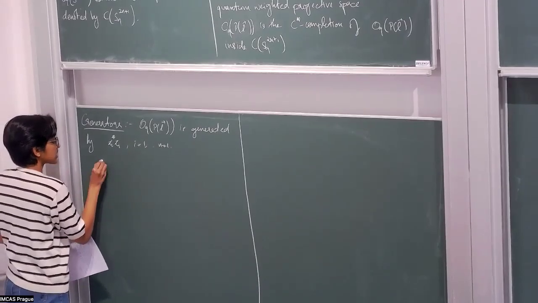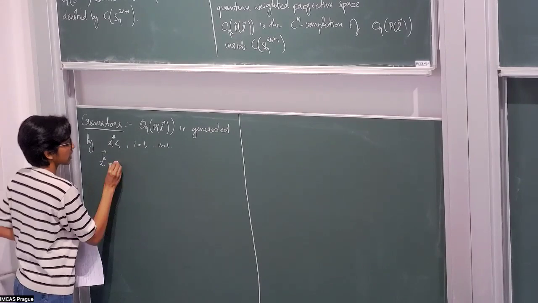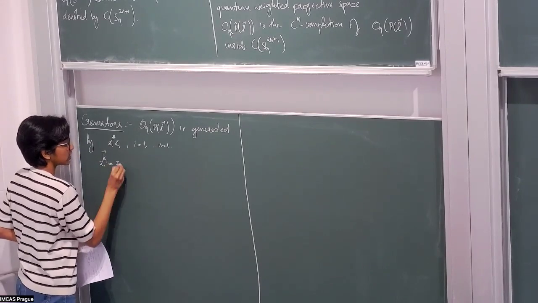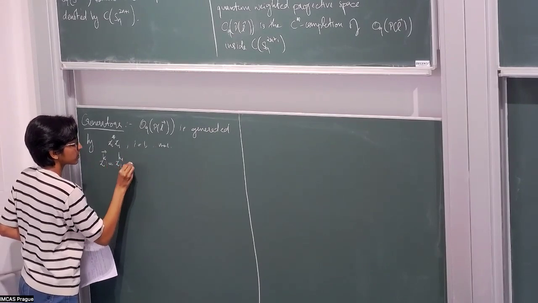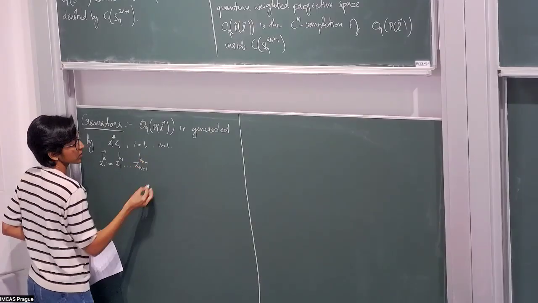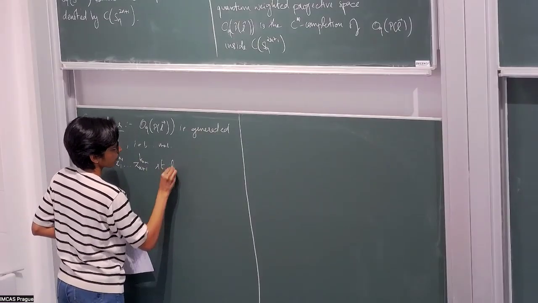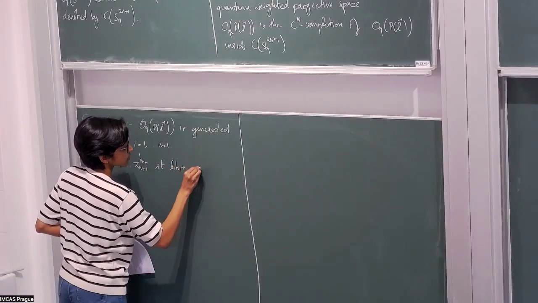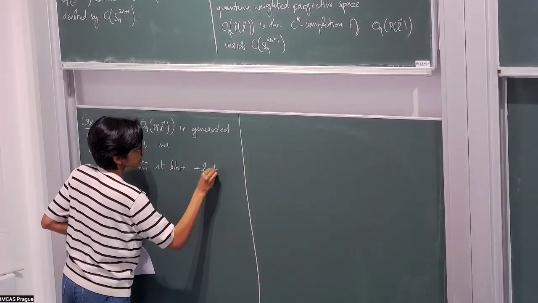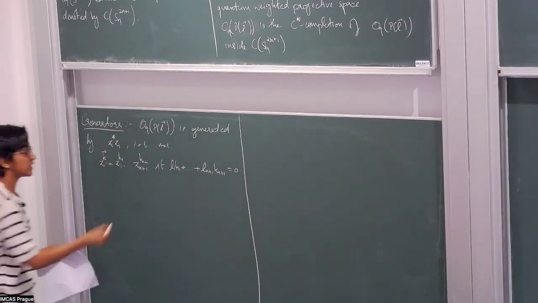And the other set would be Z to the K, which is Z_1 to the K_1 through Z_{n+1} to the K_{n+1}, such that L_1 K_1 plus etc. plus L_{n+1} K_{n+1} equals 0.